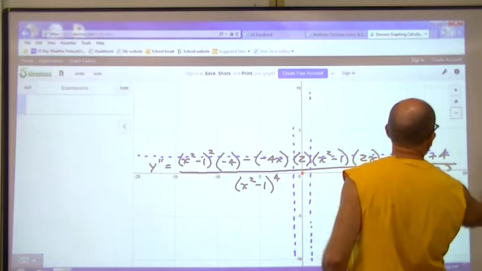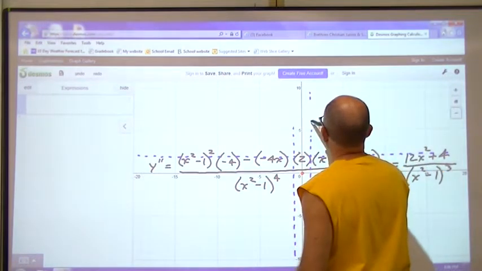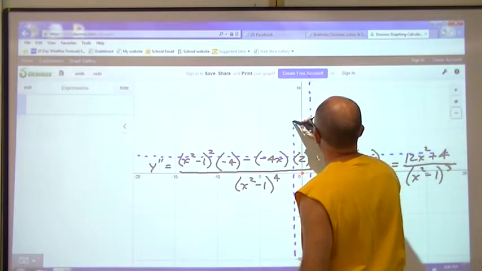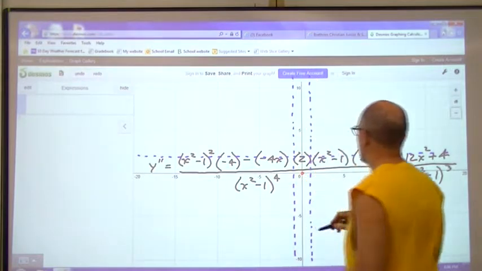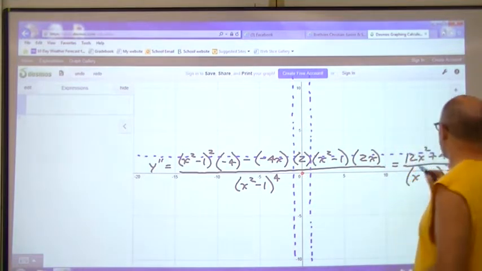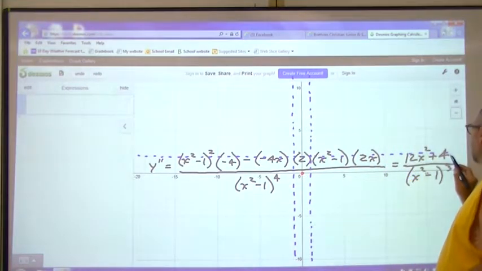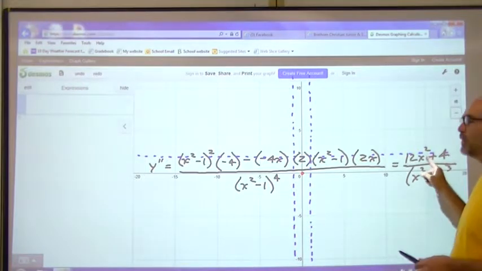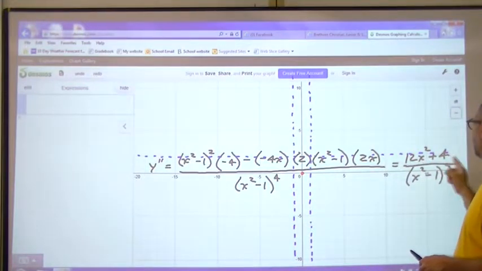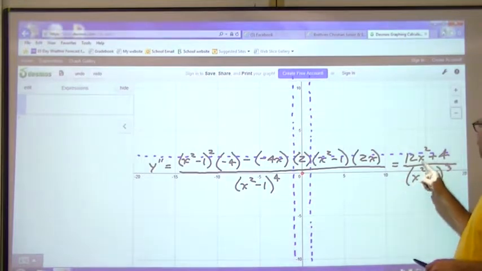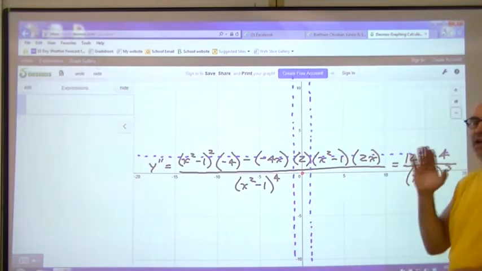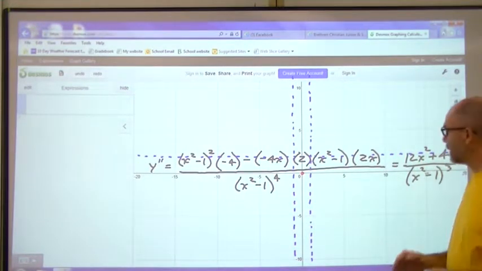All right, so the second derivative, 12x squared plus 4. Notice the numerator is always positive. No matter what I put in for x, positive or negative, I'm squaring it so it's positive. And I'm multiplying by 12 and adding 4, so the numerator is always positive.